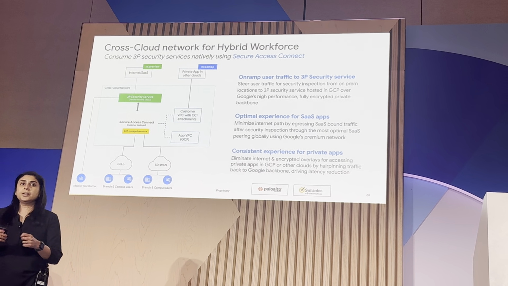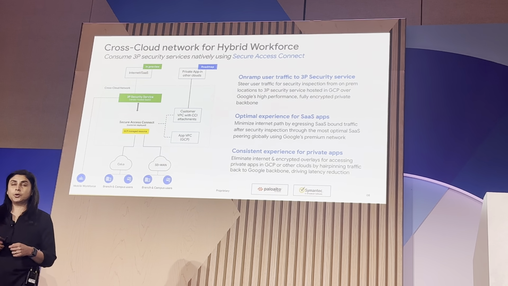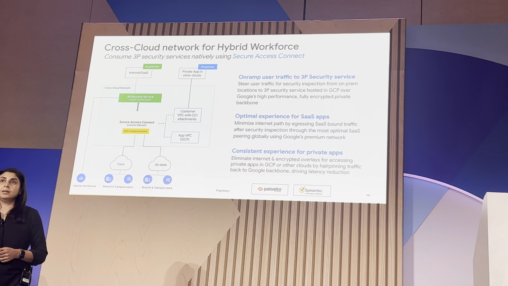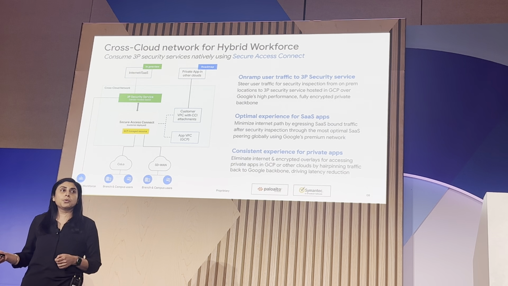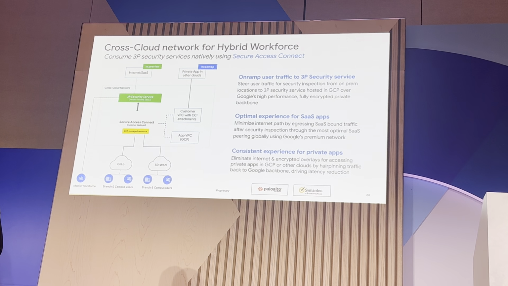So your traffic is sent into the security service over our backbone. It goes through security inspection. And if the traffic is allowed to go through, we then find the best path to send that traffic to its destination. So if the traffic is SaaS-bound, we will send it over our backbone to the best peering point to the SaaS provider and hand it off to the internet.